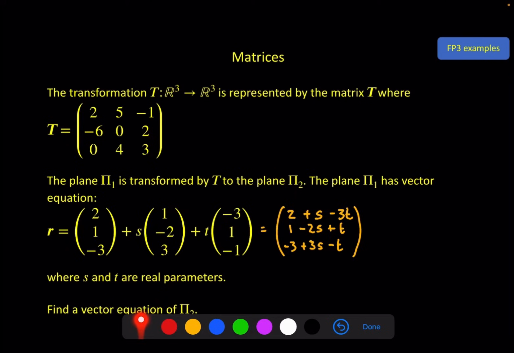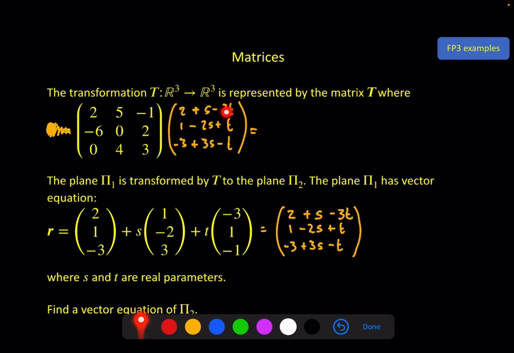Now, although there are lots of bits to this, there are only 3 elements, x, y, and z. And I can apply my transformation T to this vector. To save space, I'll just write it here next to T. So we've got 2 plus s minus 3t, 1 minus 2s plus t, and minus 3 plus 3s minus t. And then we go ahead and do the multiplication.